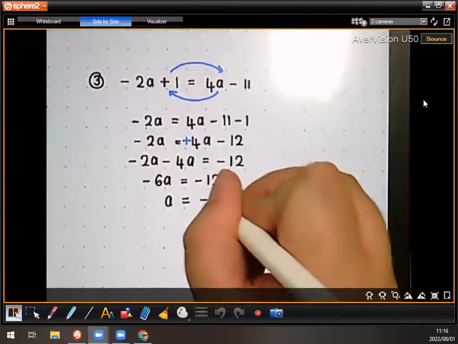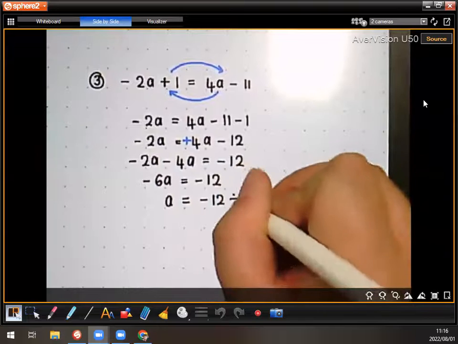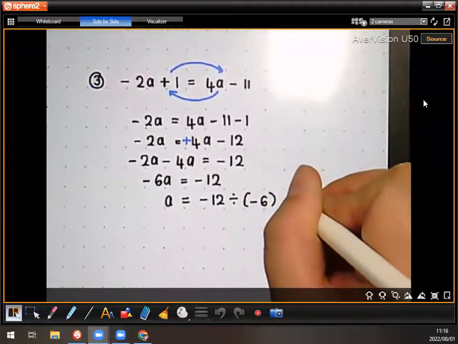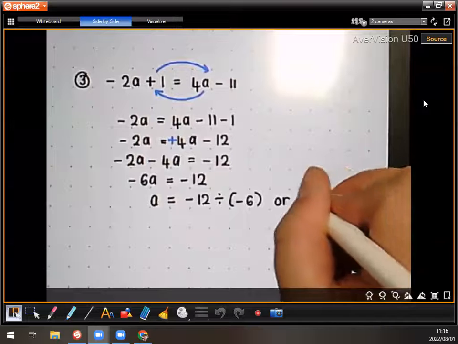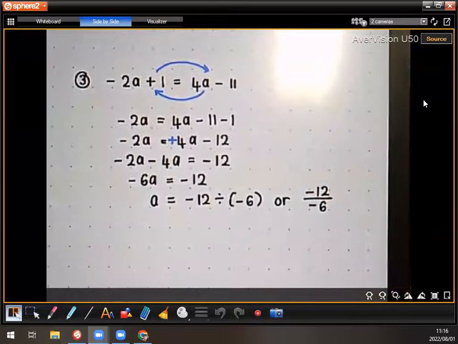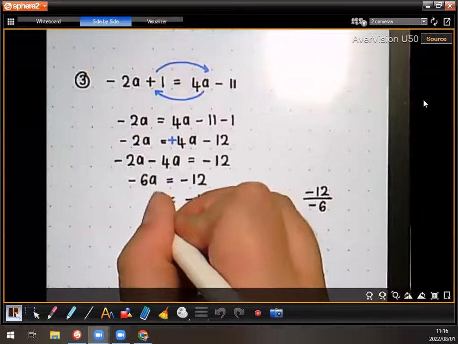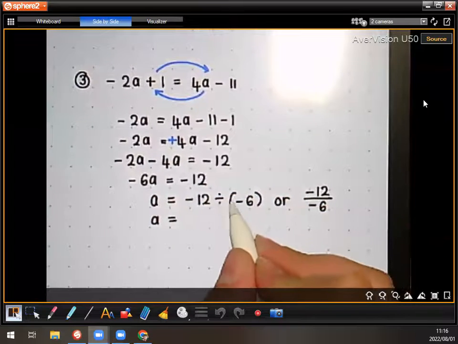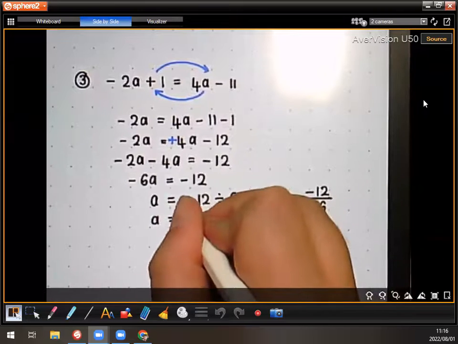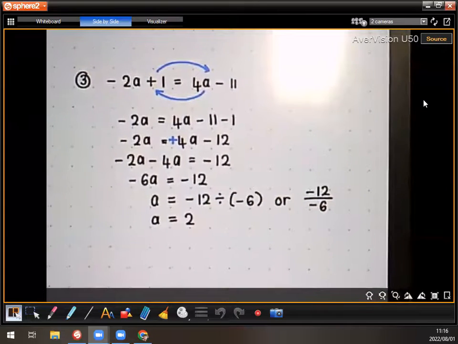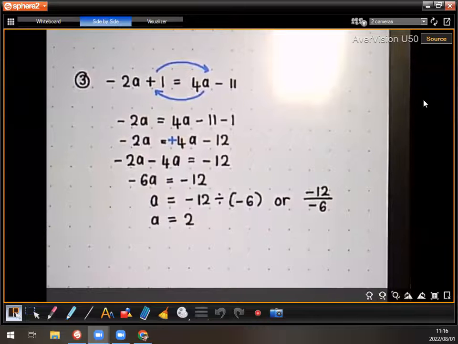All right, so you can say negative 12 divided by negative 6. Or guys, if you want to, you can write this as a fraction. That might be easier for some of you. Fine, it means the same thing. All right, what is that answer? Firstly, what's a negative divided by a negative? Positive, and 12 divided by 6 is 2. Okay, so a is equal to 2 for that.